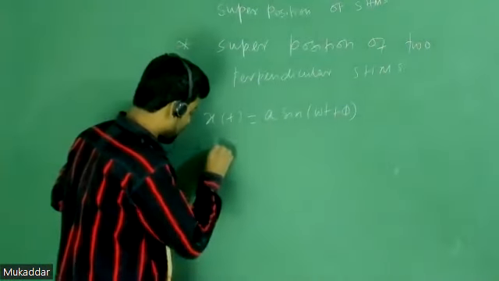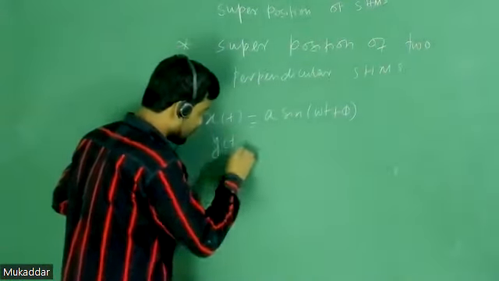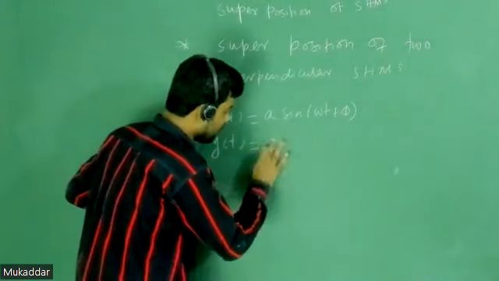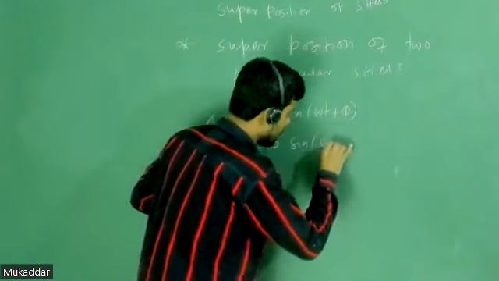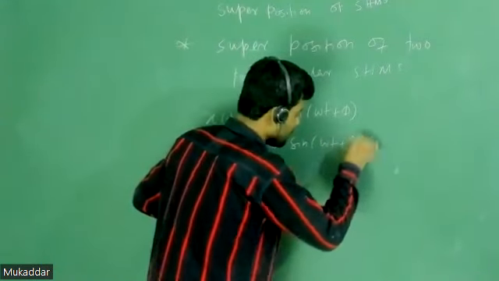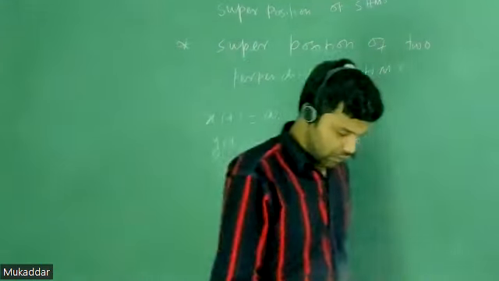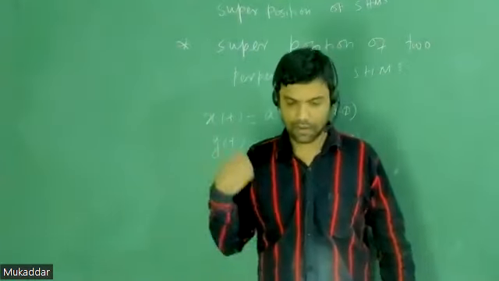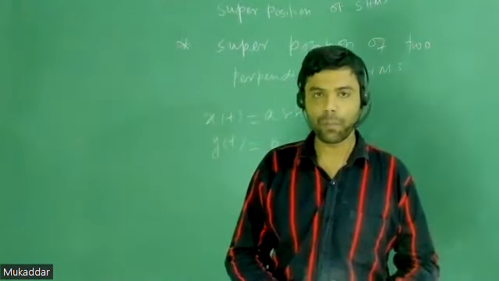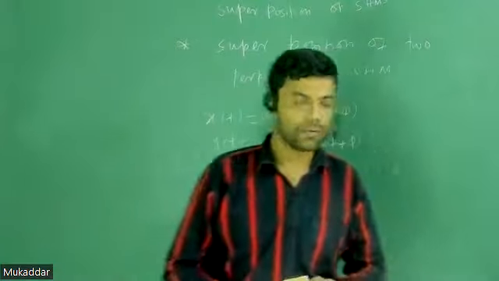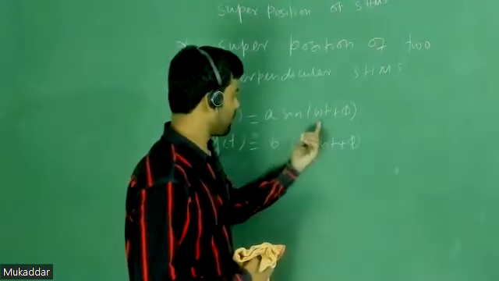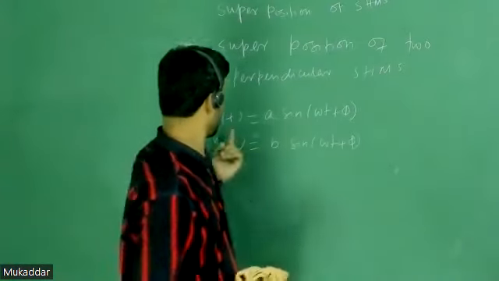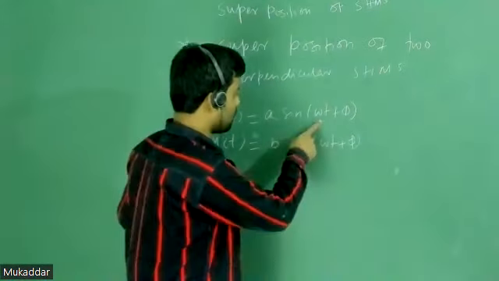And the simple harmonic motion along the y direction I'm taking with amplitude b: b sine of omega t plus phi. So I must say, when you place a particle in two perpendicular SHMs, the trajectory followed by the particle depends upon three factors. First of all, the frequency ratio of the two oscillators.